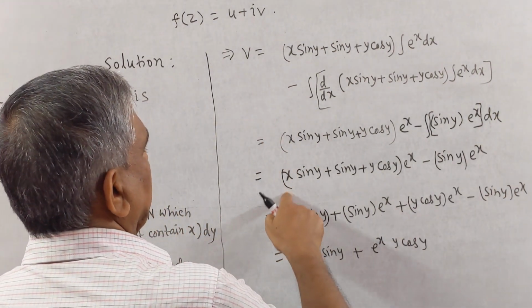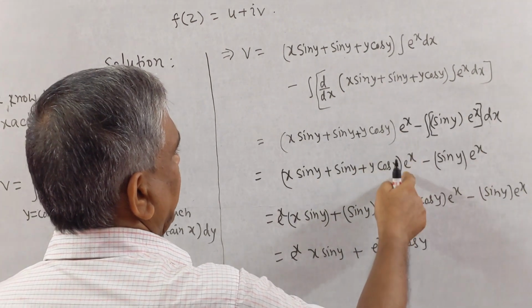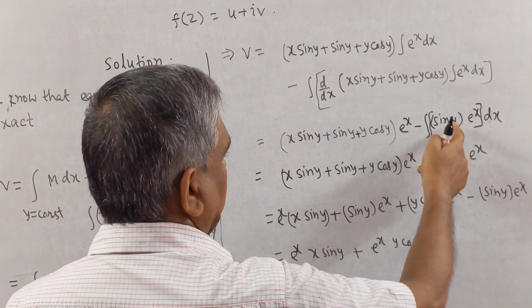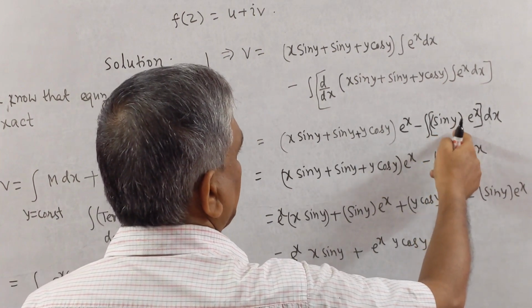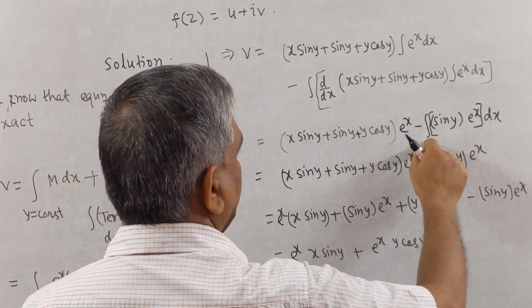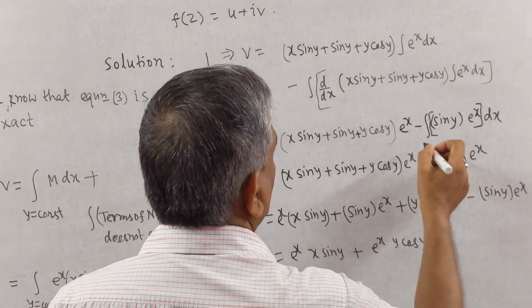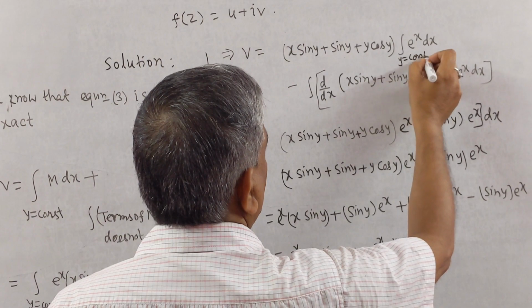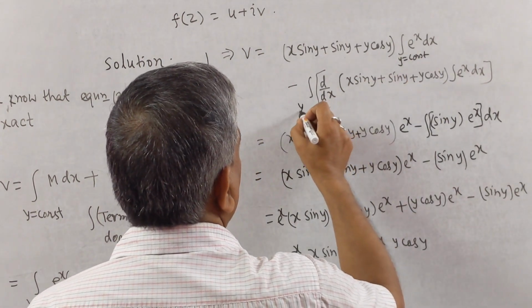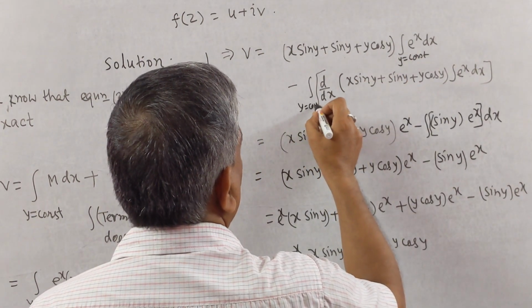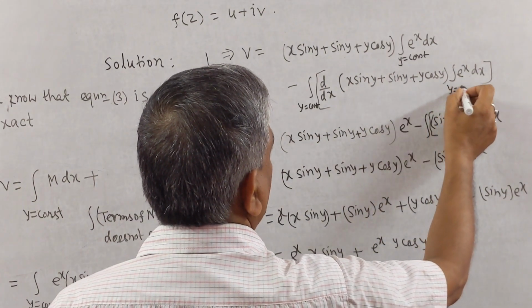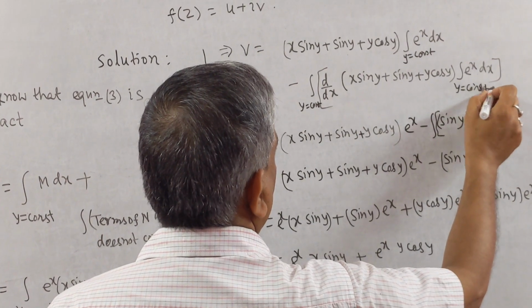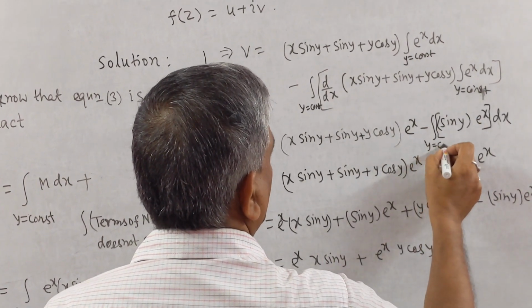So we write this term e^x (x sin y plus y cos y) minus the integral of sin y e^x dx, where y is constant.